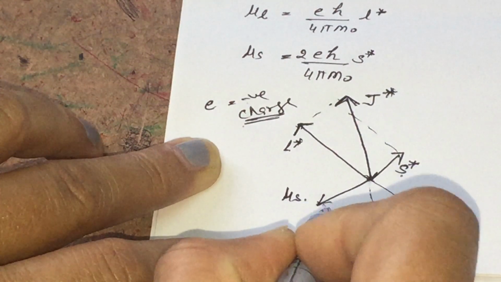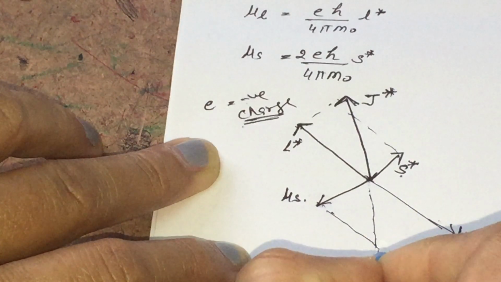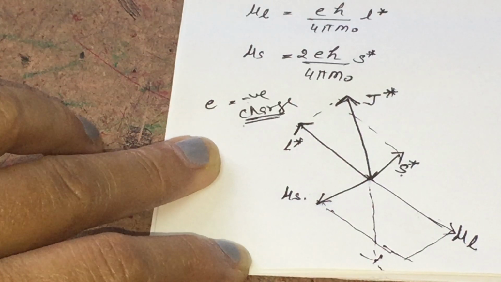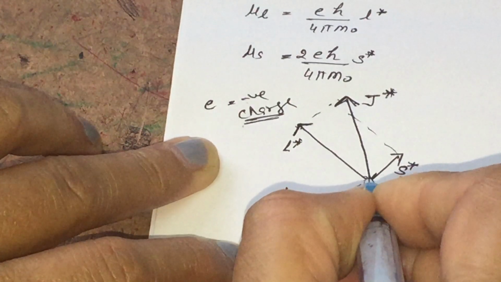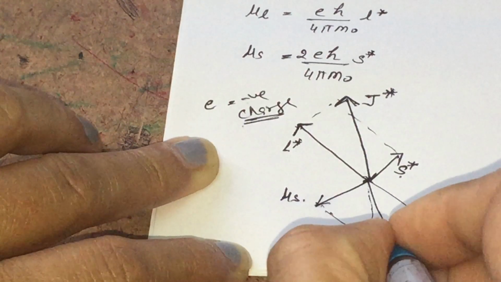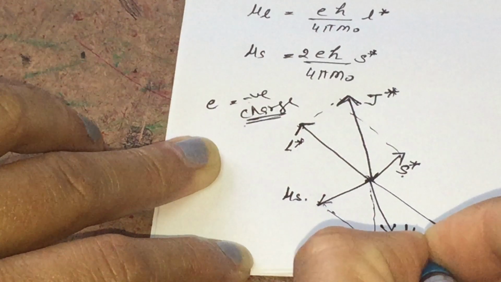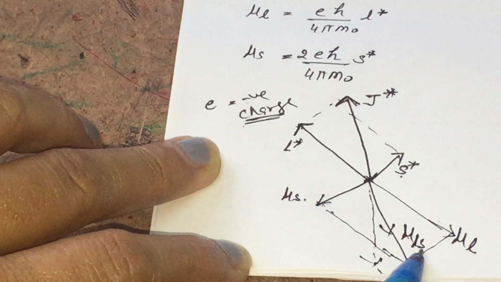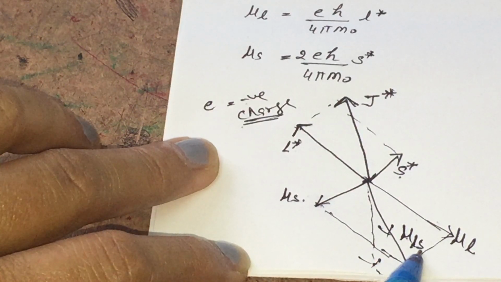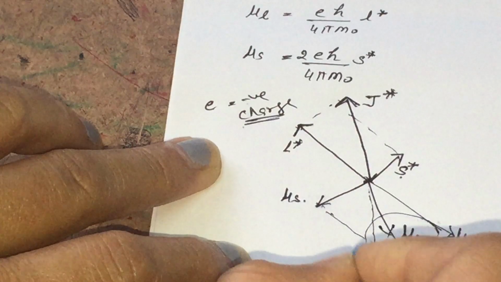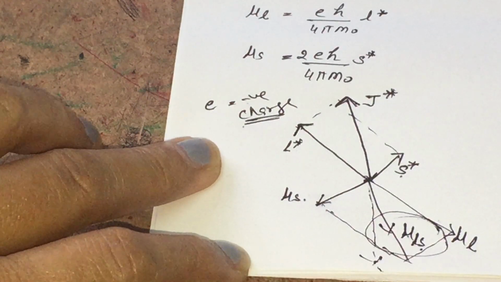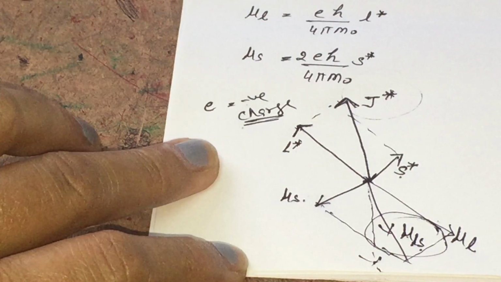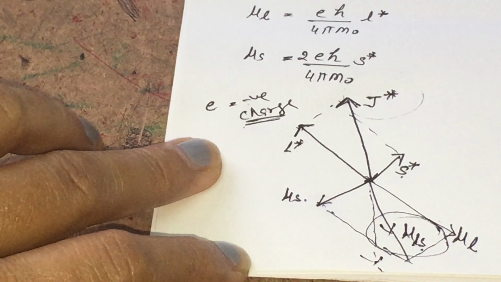We will have a resultant somewhat deviated from the opposite direction of J star, and let us consider this resultant is indicated by mu ls, that is mu ls represents the total magnetic momentum of our given atom, where J star represents the total angular momentum of our atom.